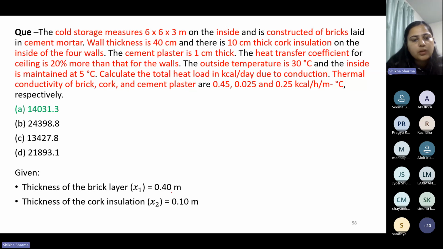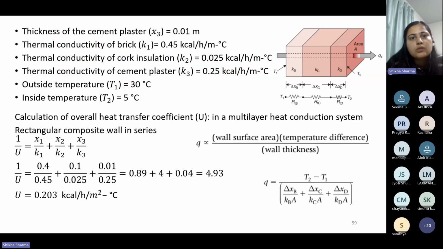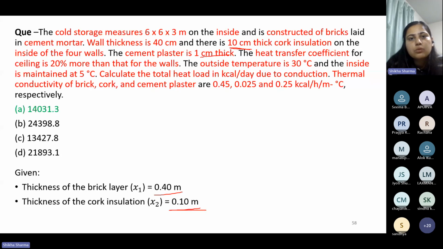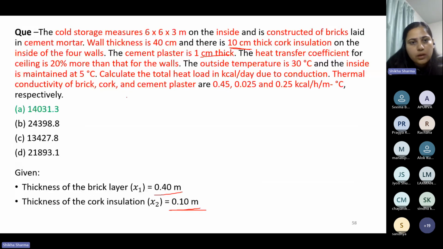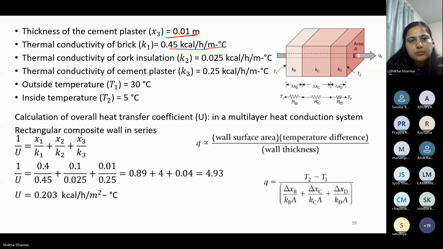The thickness of the brick wall is given as 0.4 meter. The thickness of the cork insulation is 10 centimeter, which is 0.1 meter. The thickness of the plaster is given as 1 centimeter, so it is 0.01 meter. The thermal conductivity of bricks is 0.45, cork insulation 0.025, and cement plaster 0.25.